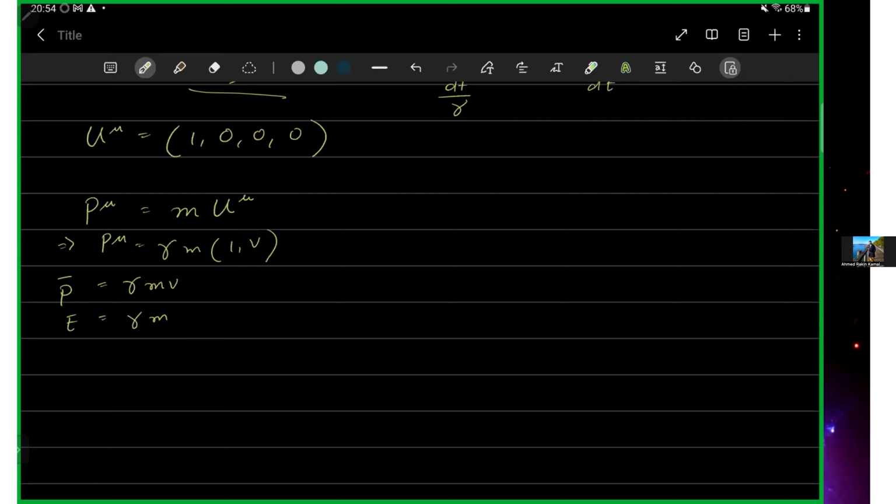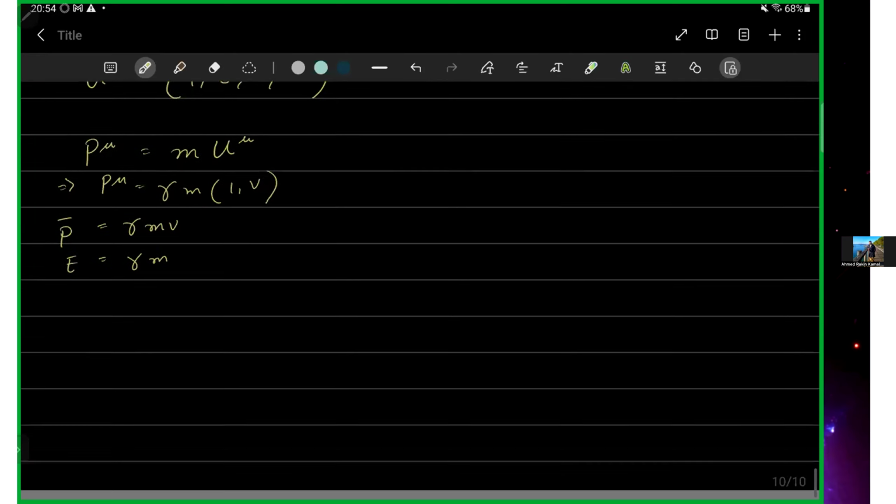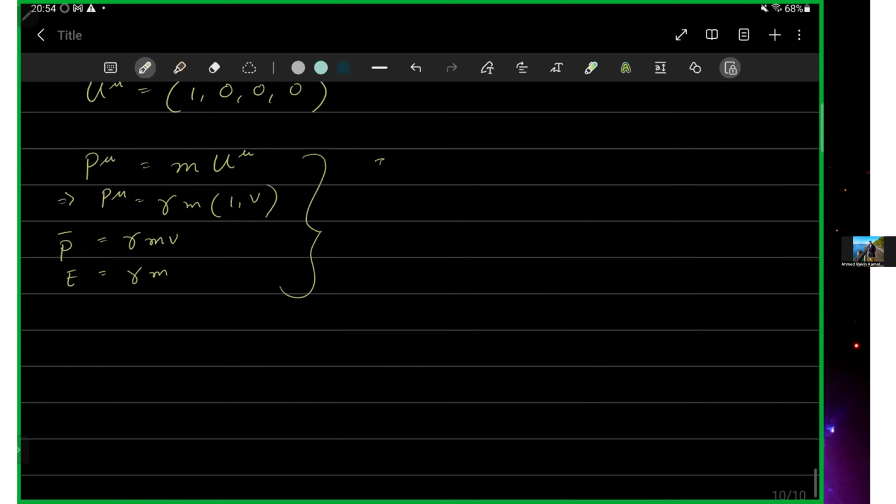Okay. Now, in the rest frame of this particle, you would get P mu, and this is also a very known result, as (mc, 0, 0, 0).